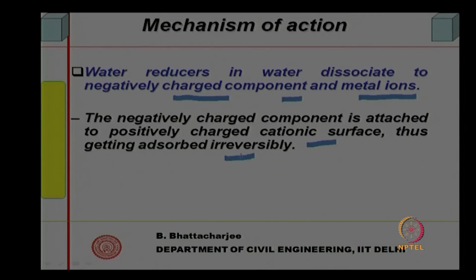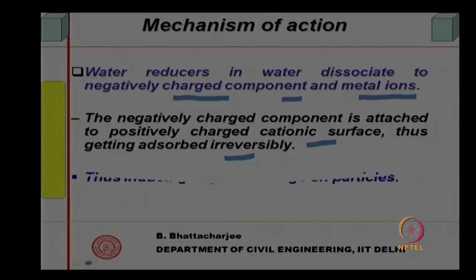Because of the cationic surface characteristics, due to calcium, aluminum, etc., this negatively charged sulfonated compound, after dissociation of the metal, gets attached to the cement particle.